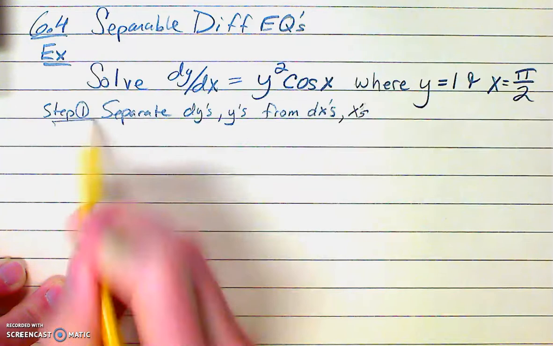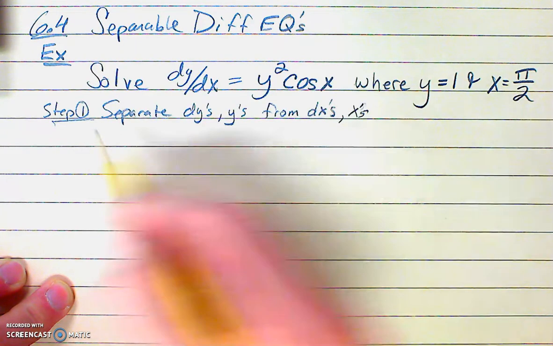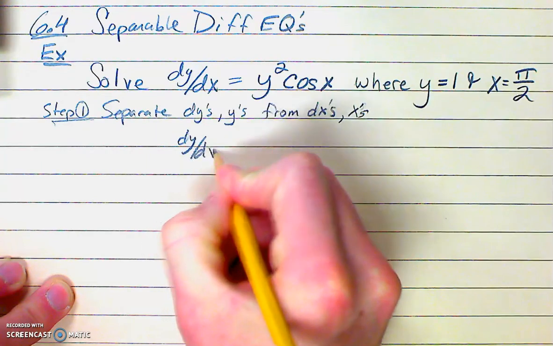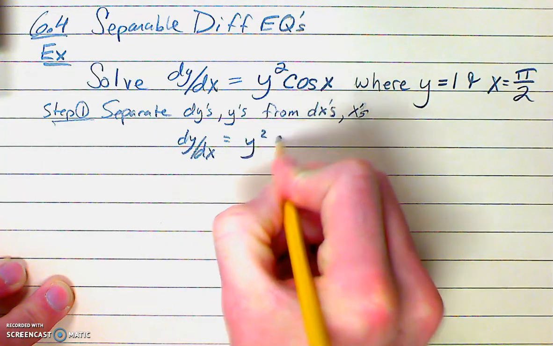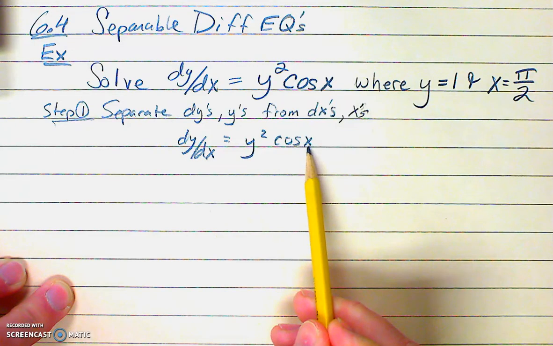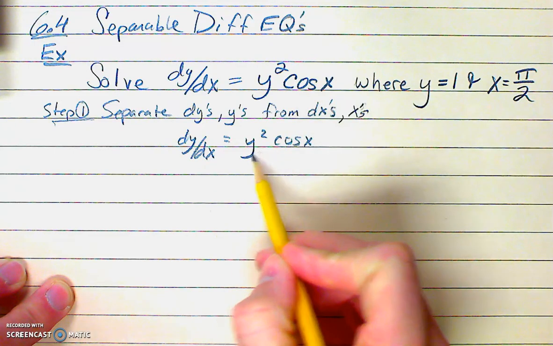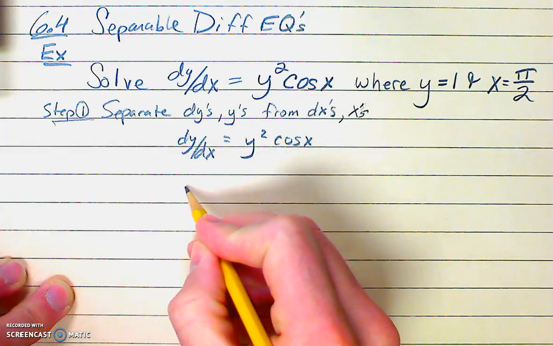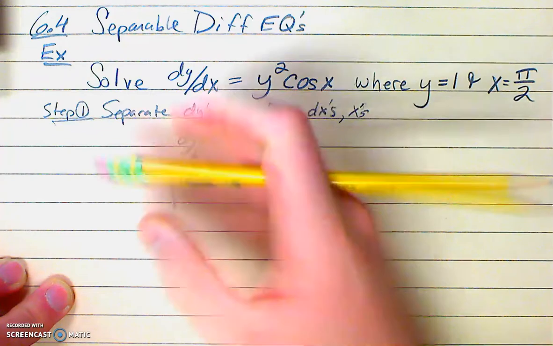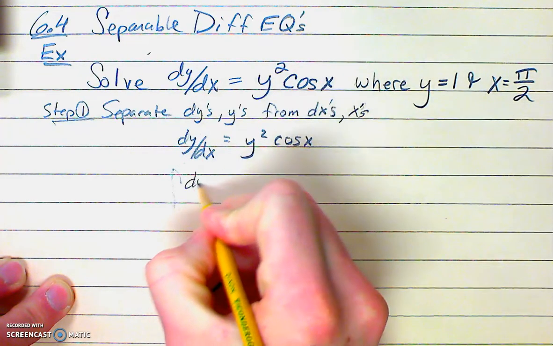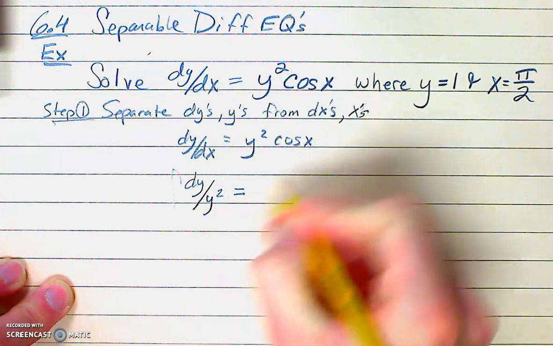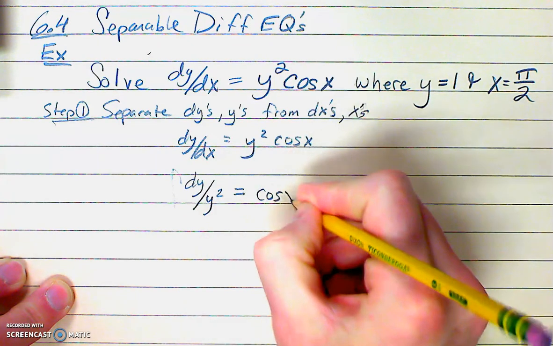So that's it, really. So dy dx equals y squared cosine x. Well, we'd multiply dx over, and we would divide by y squared, so that before we integrate, you get dy over y squared equals cosine x dx.